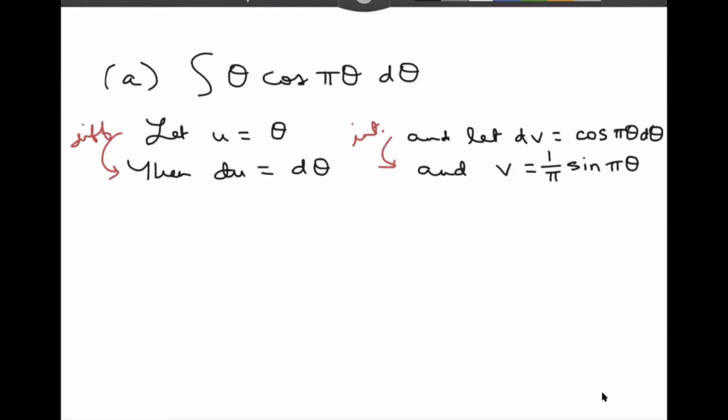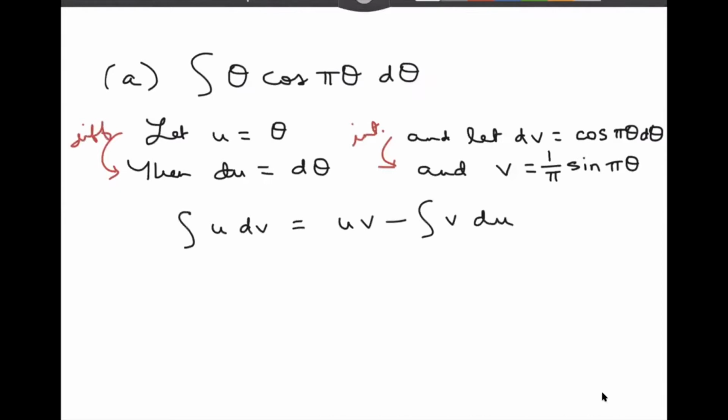Okay. So now remember our integration by parts formula. It said that integral u dv is equal to uv minus integral v du.